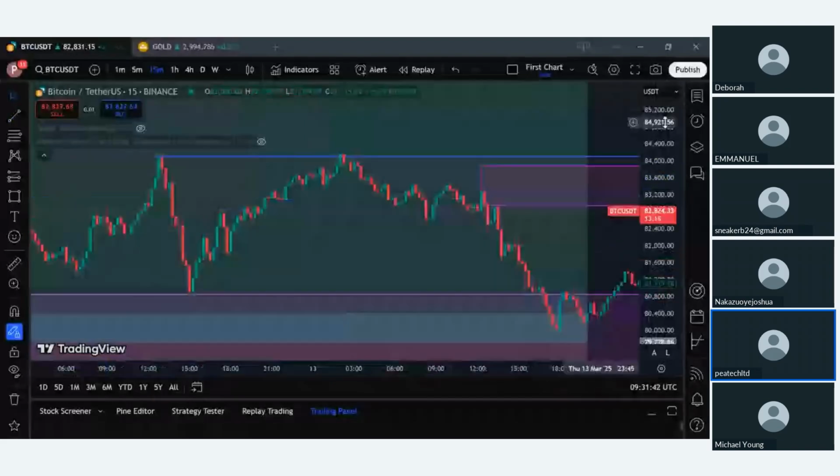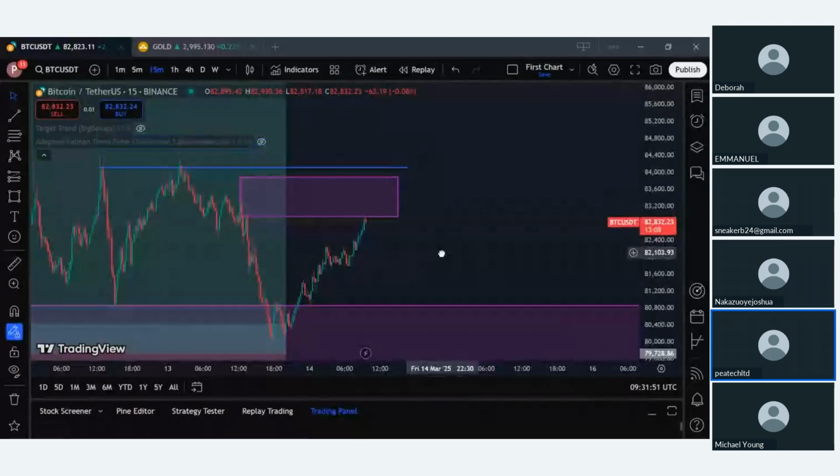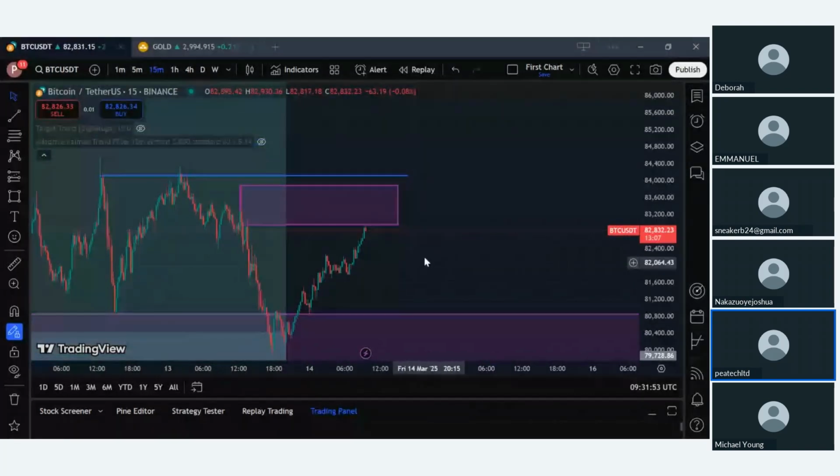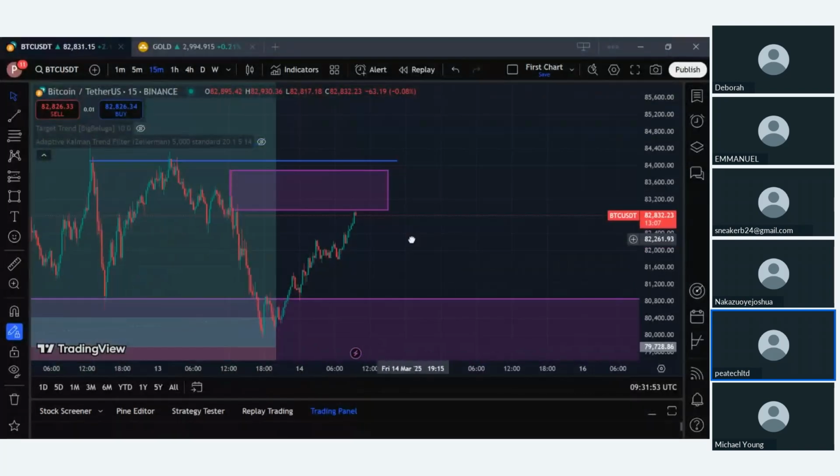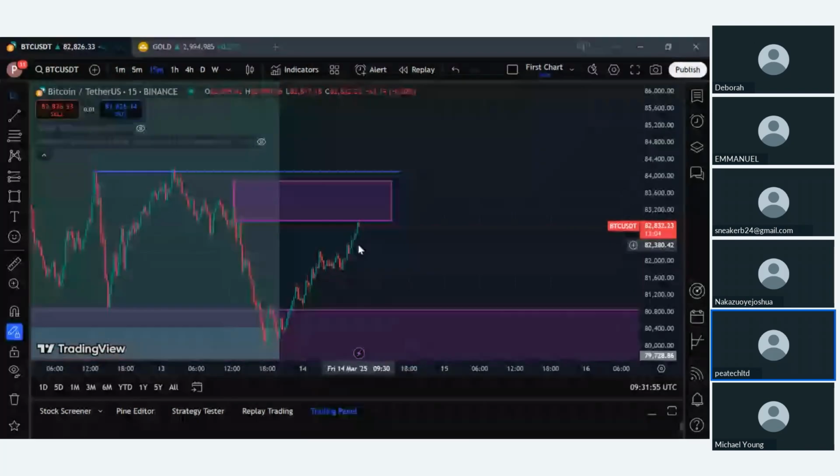We have to wait and get a clearer picture of what the market is doing before we can decide what to do. If we want to venture to take any trade here, we should be looking for a sell back to this zone. However, even that is not too safe. So we cannot take any entry in 15 minutes.